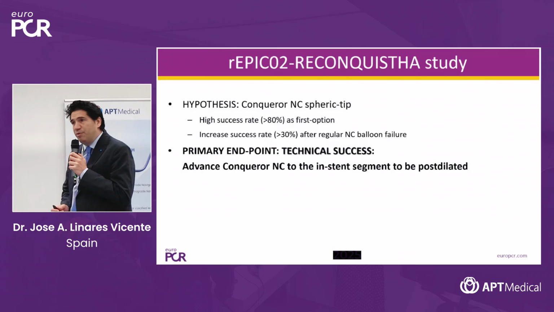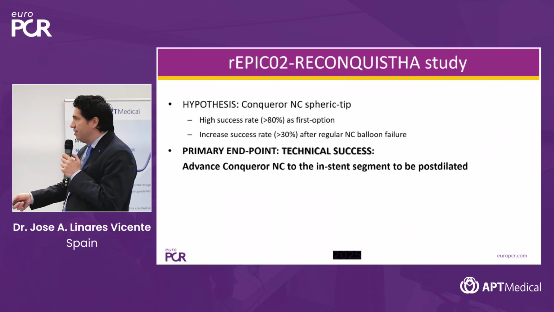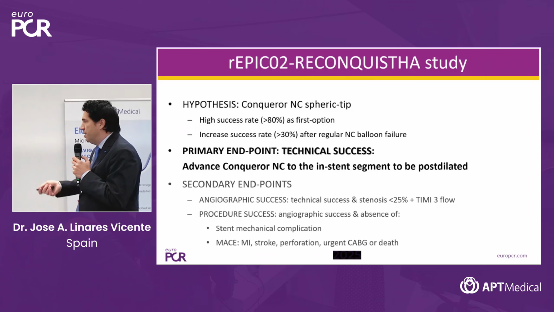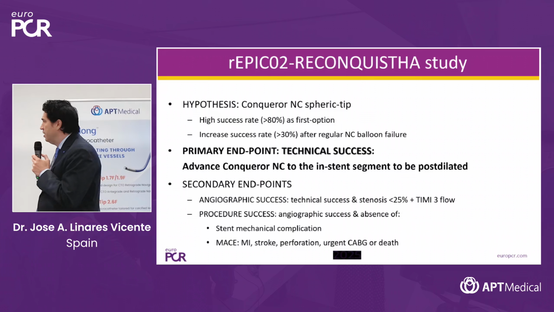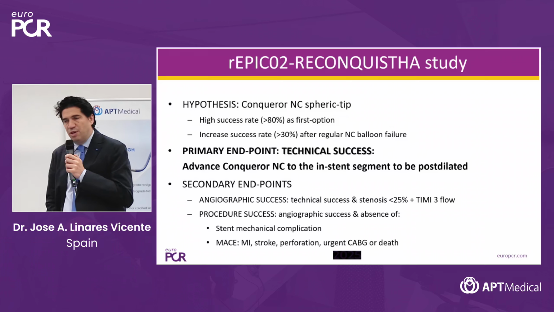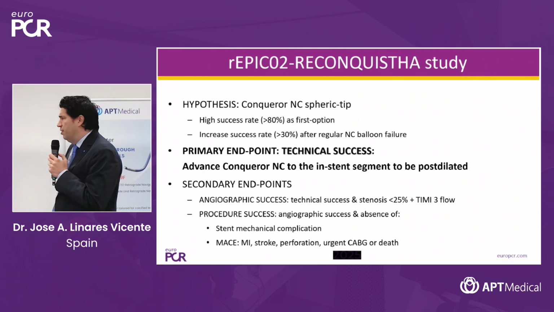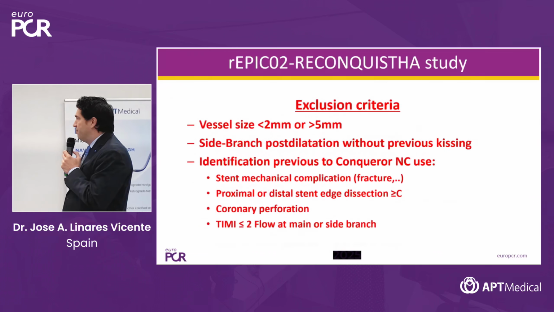The primary endpoint was technical success, quite simple, just defined as advancing the device to the in-stent segment to be post-dilated. Obviously, there were other secondary endpoints like angiographic success, if there was no significant residual stenosis and normal blood flow, or procedural success if there were no stent mechanical complications or death during the procedure.